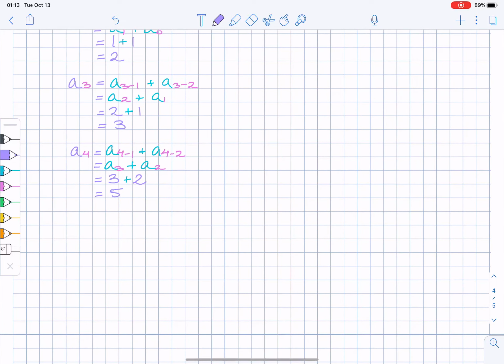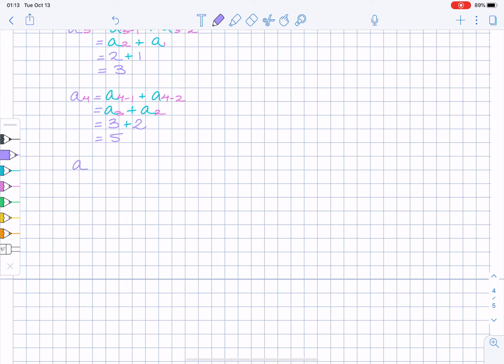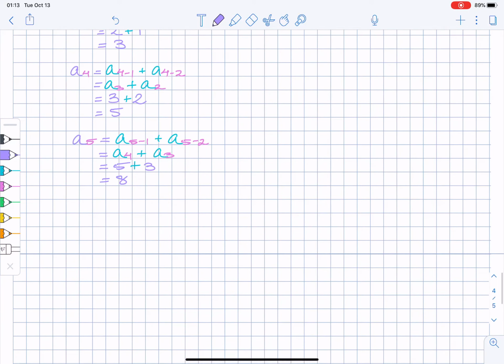Interesting. Okay. What about a sub 5 then? A sub 5 is going to be a sub 5 minus 1 plus a sub 5 minus 2. So this is going to be a sub 4, to which I'm adding a sub 3. We have both of those. They are 5 and 3. Interesting. So we get 8. Okay. So a sub 6, 1, 2, 3, 4.